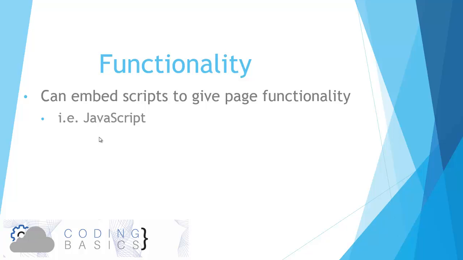It is the scripting language. And that'll be a later tutorial series. I'm not going to include it as part of this, but just know that's how you give your page functionality. So you can set up functions. So if this button is pressed, do this. Stuff like that. So that is how you implement functionality in HTML web pages.